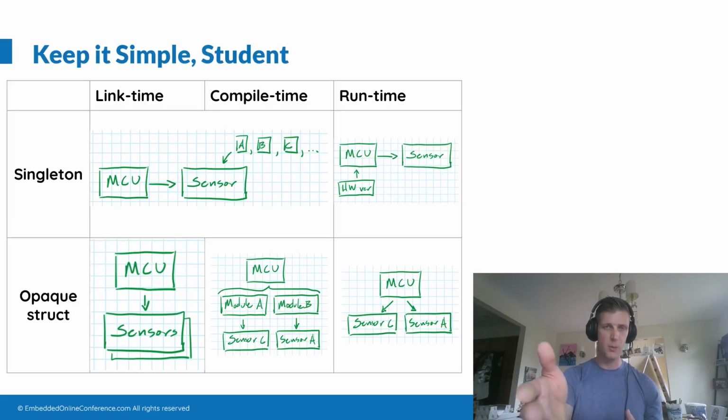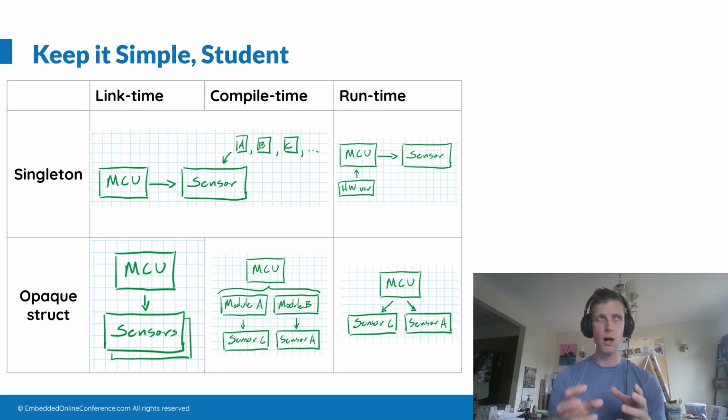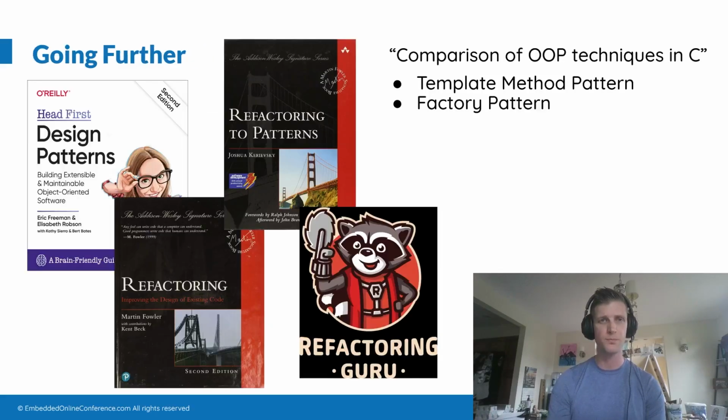Or, as you can see in the upper right hand, if I have a sensor that I want my microcontroller to interact with based on potentially some pull-up resistors that specify a hardware version, so it doesn't really know until it starts up what type of sensor that is, then I need to worry about runtime polymorphism. So keep that in mind as you're approaching your projects with these techniques in the future.